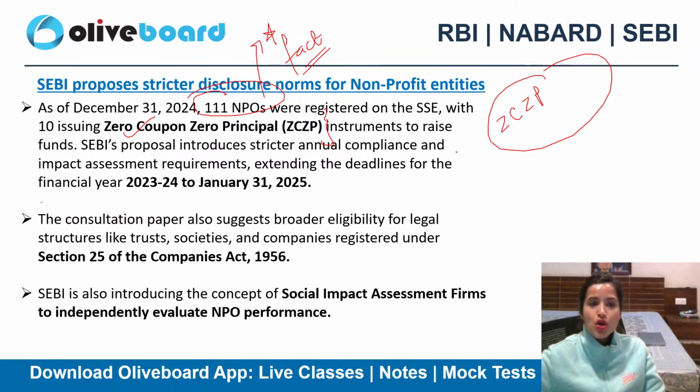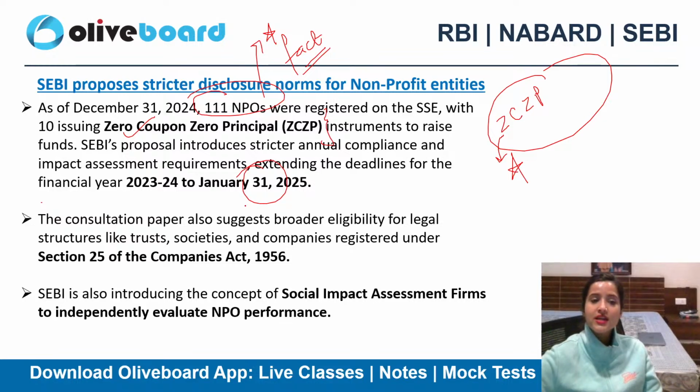Okay. So, 111 NPOs were registered on the social stock exchange, with 10 issuing zero coupon, zero principal instruments to raise funds. So, what kind of instrument was used? Zero coupon, zero principal instrument was used to raise funds. So, this is also important. SEBI's proposal introduces stricter annual compliance and impact assessment requirements, extending the deadlines for financial year 23-24 to January 31st.